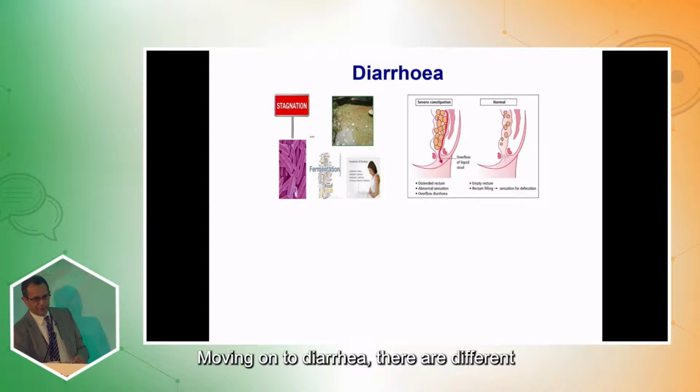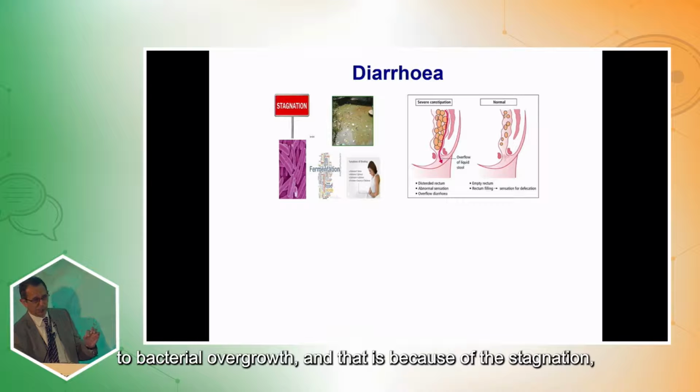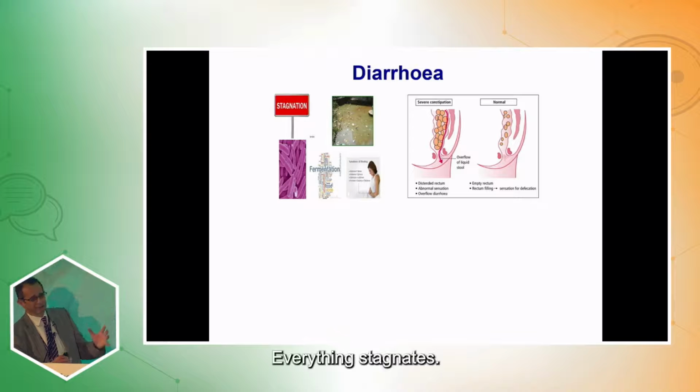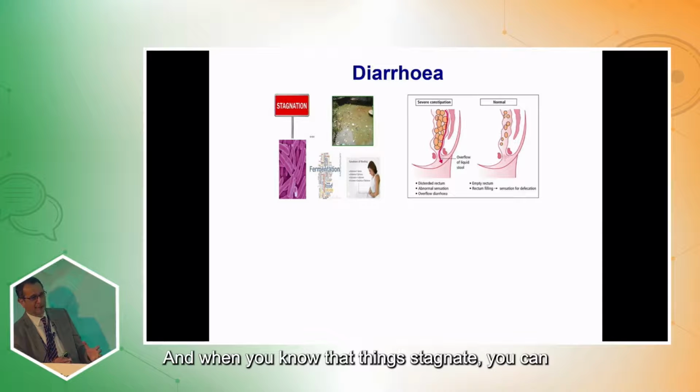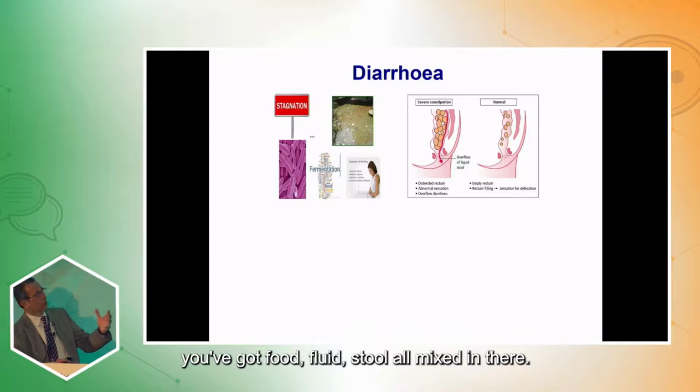Moving on to diarrhea, there are different reasons why our patients experience diarrhea. One of the common ones that I see is due to bacterial overgrowth. And that is because of the stagnation, because of the slow motility in the gut. Everything stagnates, and you can get quite a lot of bacteria developing there, because you've got food, fluid, stool all mixed in there.